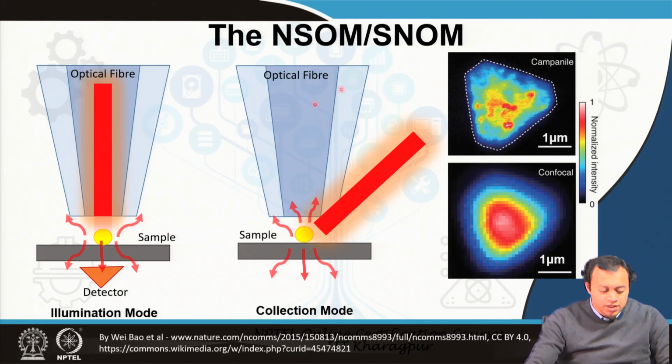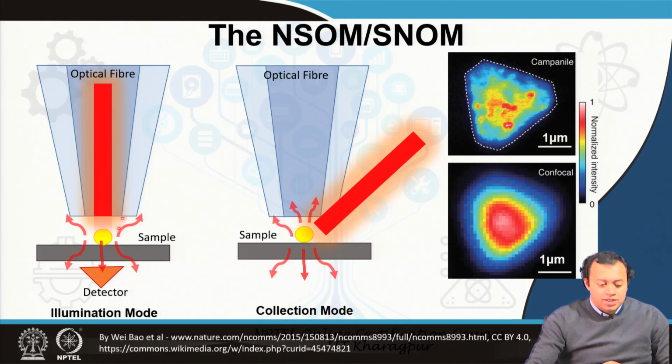So, how does this work? You have a sample. This is, say, a bulge, a gold nanoparticle of size 50 nanometer. You put an optical fiber with a wavelength of light which is, say, 1.55 micrometer. Physics and electronics students will immediately know why I use the term 1.55 micrometer.